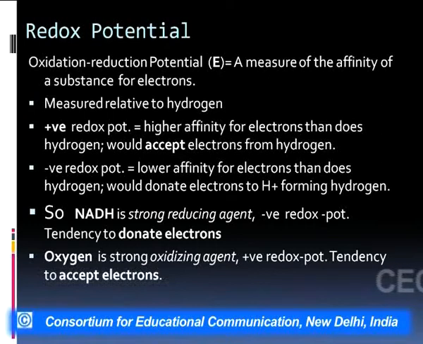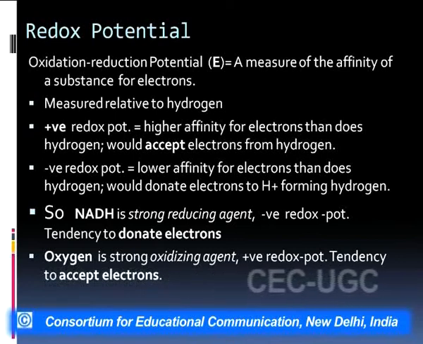We should also understand, by oxidation reduction, how these electrons and protons are actually moving. For this we need knowledge of the redox potential, or the oxidation reduction potential. It is abbreviated as E, and it is a measure of the affinity of a substance for electrons. We will measure it relative to hydrogen.